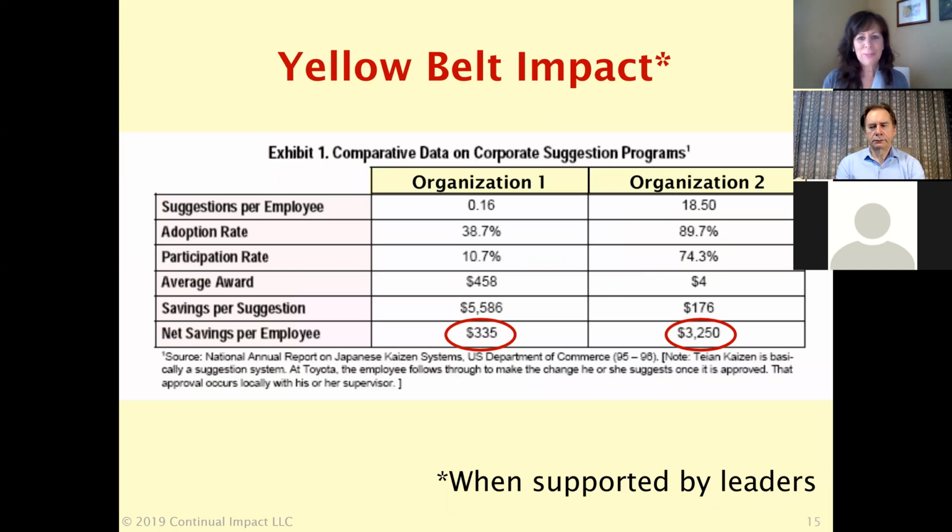What it gets you, when you have people engaged, being trained, setting expectations, supportive leadership, the impact can be pretty staggering just at this level. Let's look at this data here. On the left, you have Organization 1 and Organization 2, because we've changed the names to protect those.